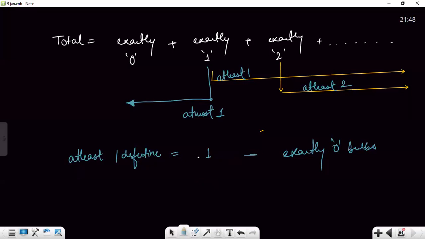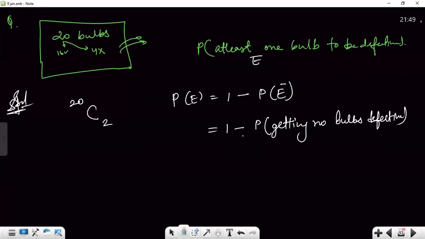The probability of the universal set, or the event of taking two bulbs, is one. That is for sure. We are doing it already in the question. So the probability of at least one defective bulb will be equal to 1 minus the probability of getting no bulbs defective.